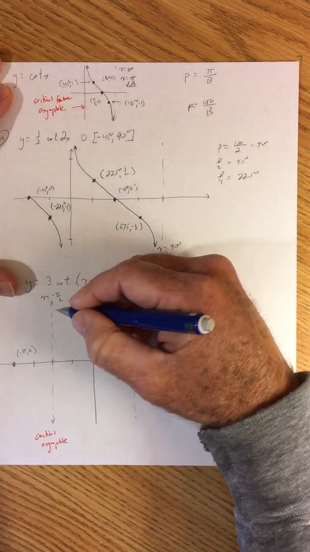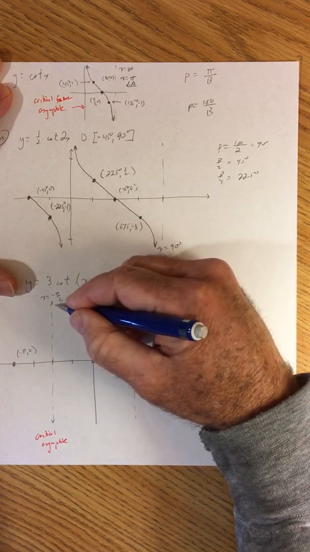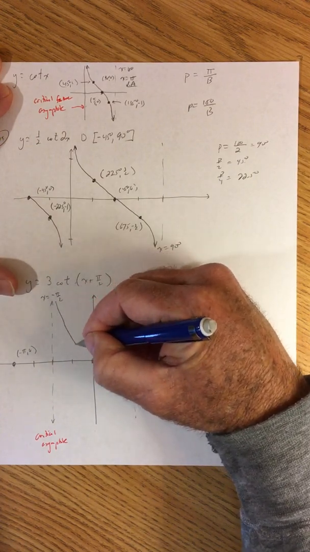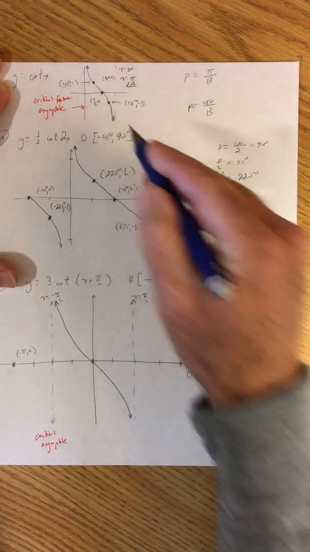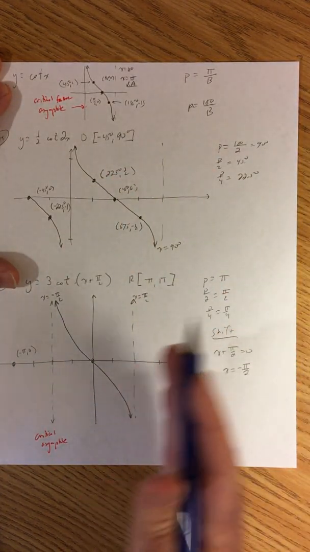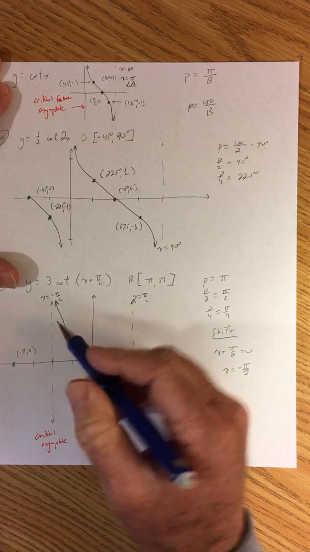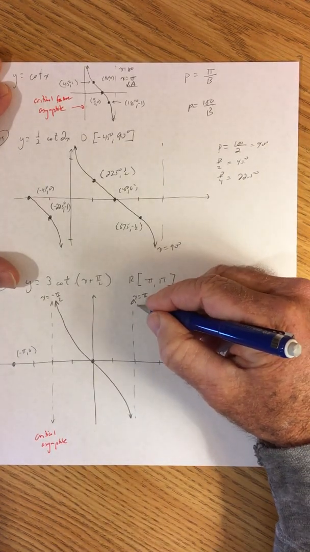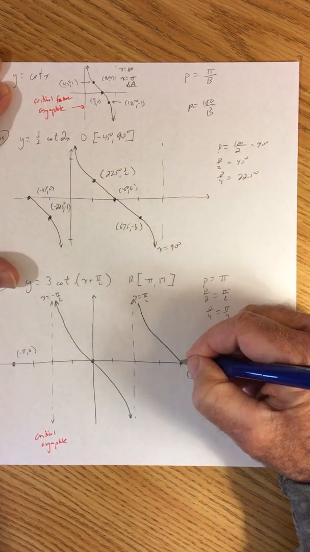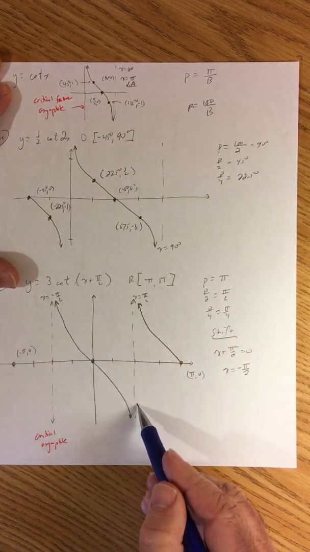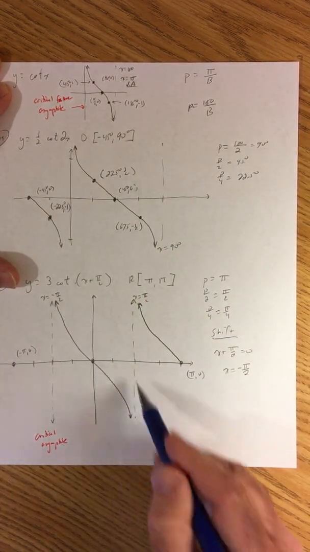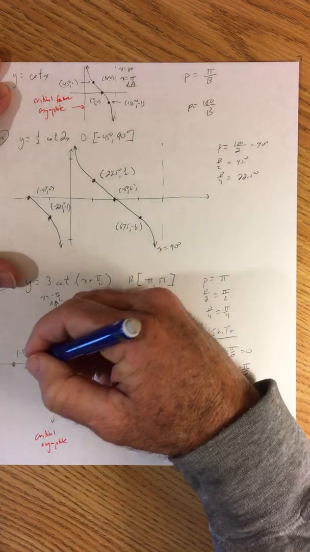Now the graph is going to pass through like that on the way down because it's a cotangent graph. To the right of the asymptote, we're going to have the upper part of the graph. So this is going to come down from the top, and we're going to end right there. To the left of the asymptote, like on this part of the graph, we're below the x-axis.